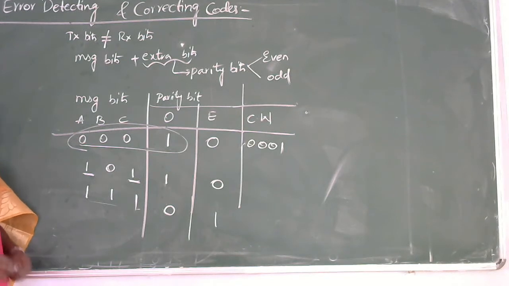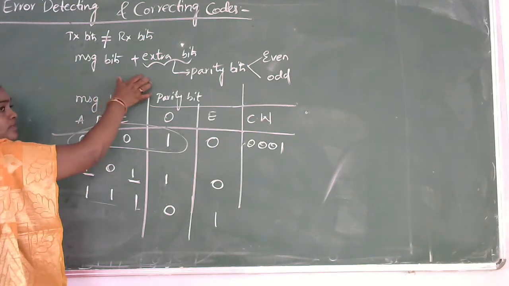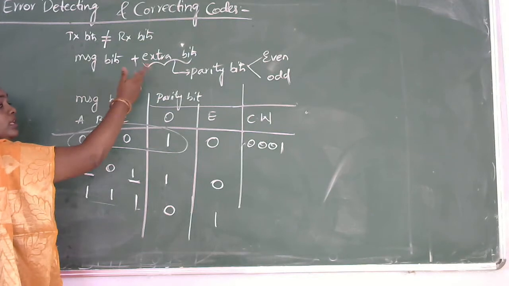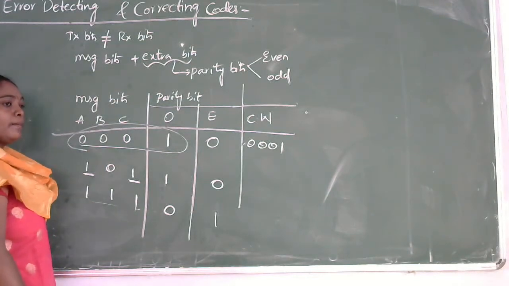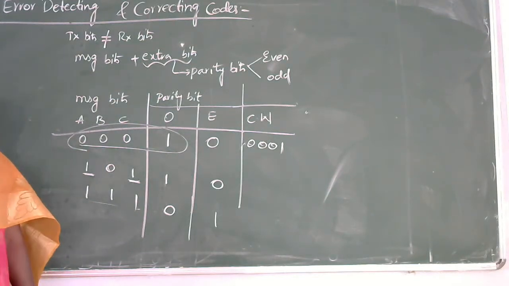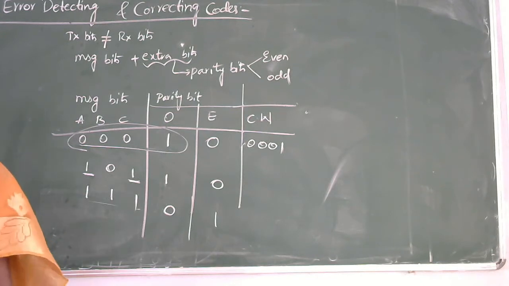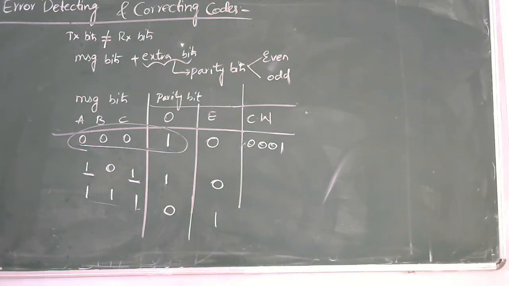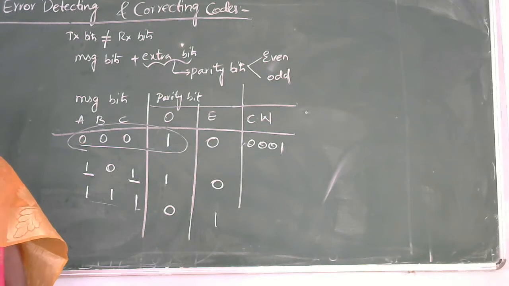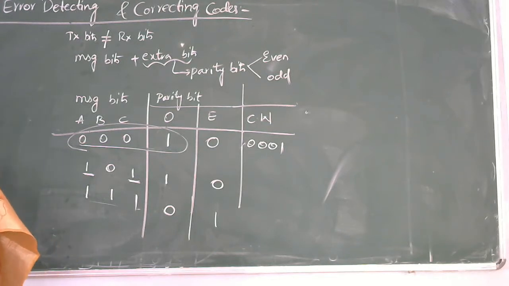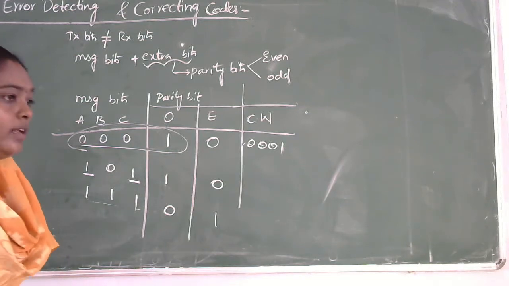So this is all about what a parity bit is and what the importance of a parity bit is. Now let us see this with one example. Here I am assuming an even parity: find which words contain an error using the parity bit.